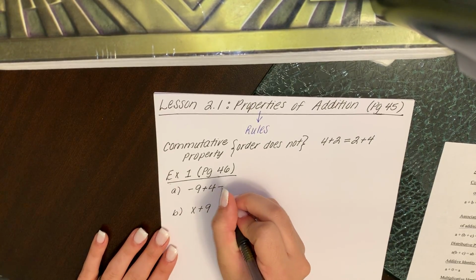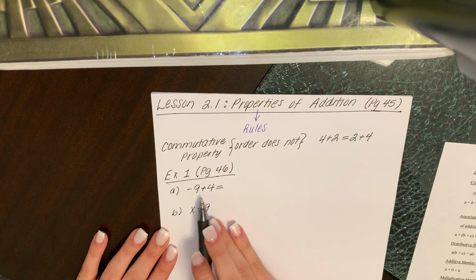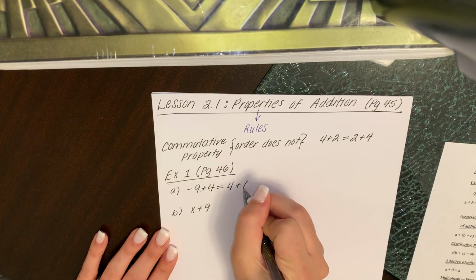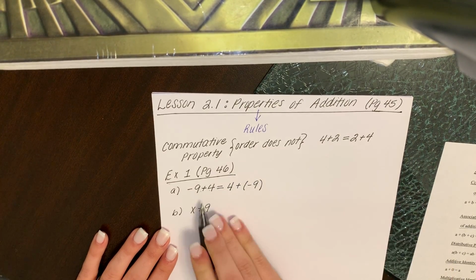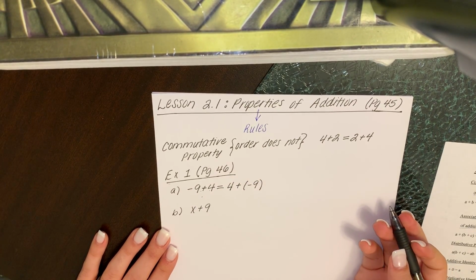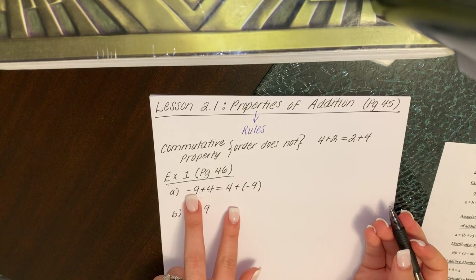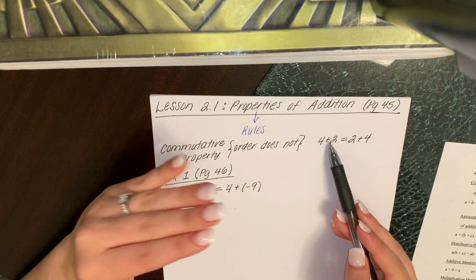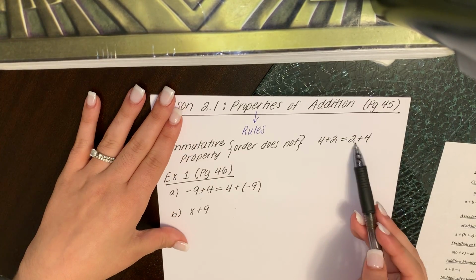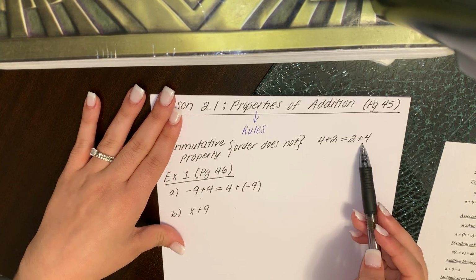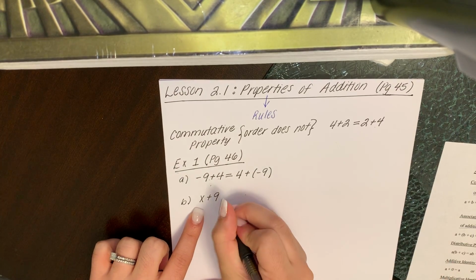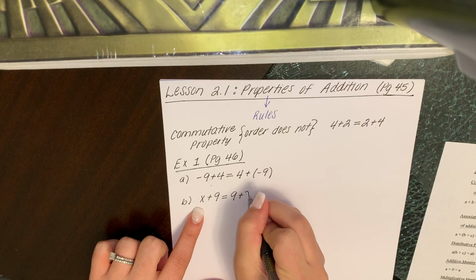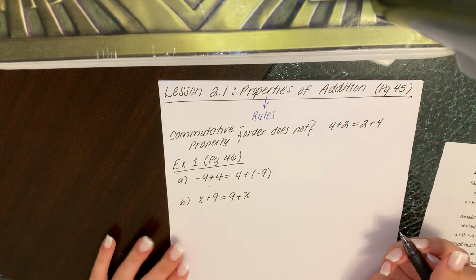Well, if I switch this order around, so instead of -9 plus 4 I put 4 plus -9, that equals the same exact thing. Doesn't matter how you write it. That's one of the math rules that everybody should know: whether you add one way or another, you'll still get the same answer. So in the case of x plus 9, another way of saying it is x plus 9 equals 9 plus x. So that's the first rule.